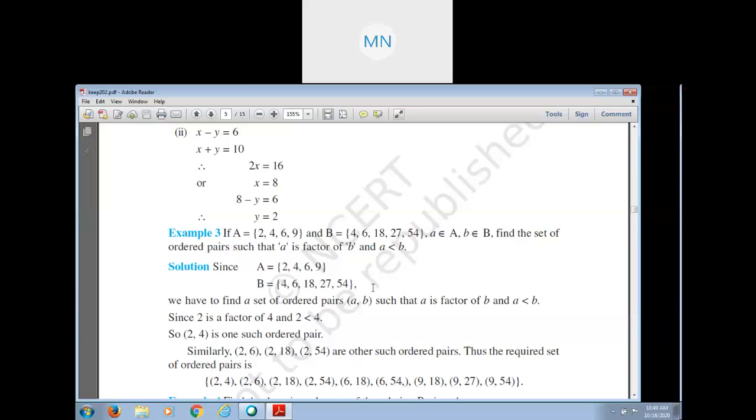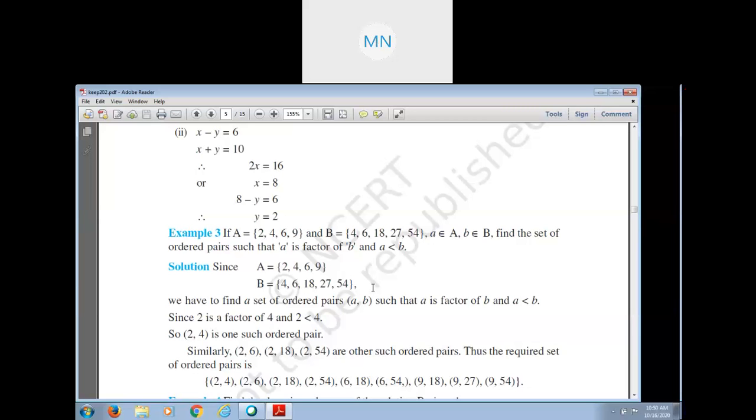Is it true? No, ma'am. So (4, 18) will not come. Okay. Similarly, (4, 26) will not come and (4, 54) also does not come as an ordered pair.